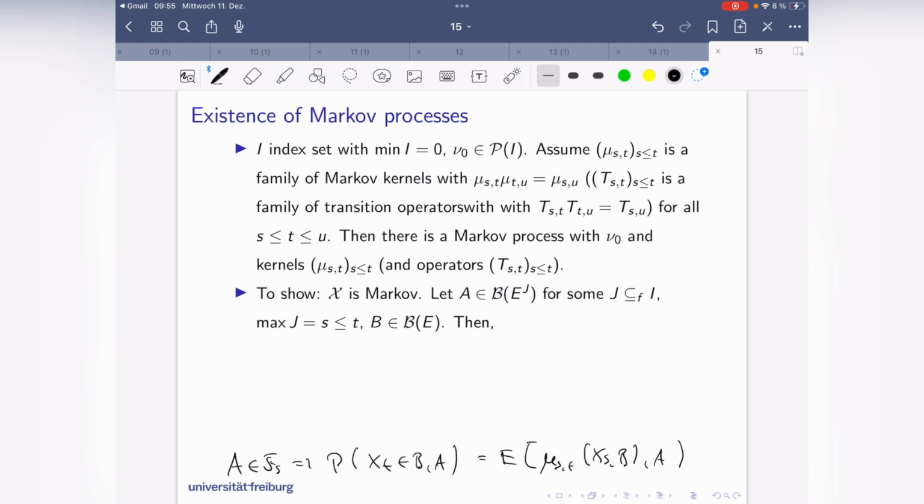Well, we take some finite set J out of I. The maximum of J is s, and s is less than or equal to t.